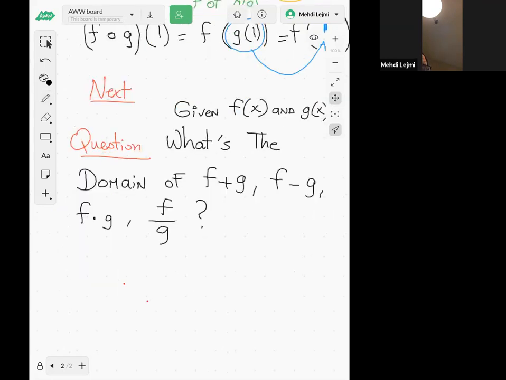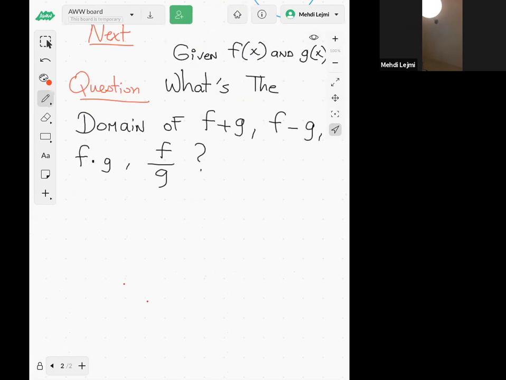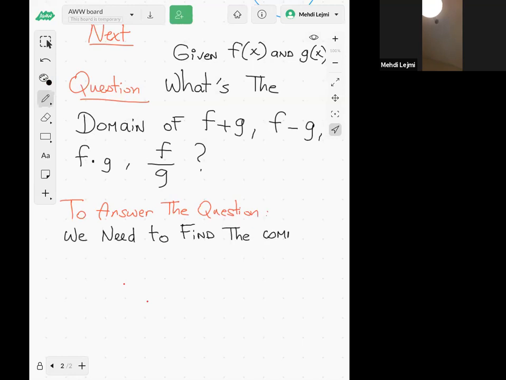So to answer this question, we need to understand, or find, the common domain for 2 functions.